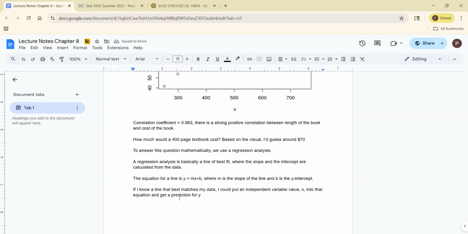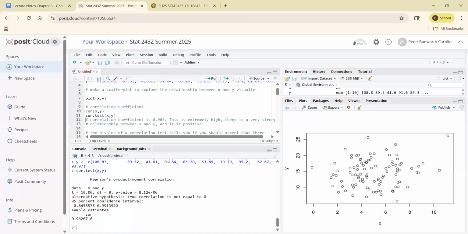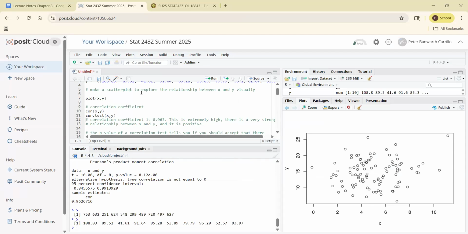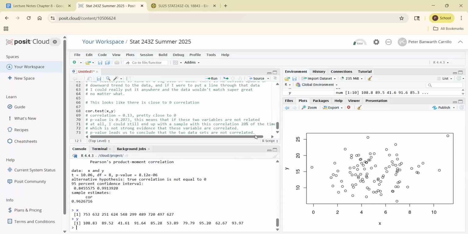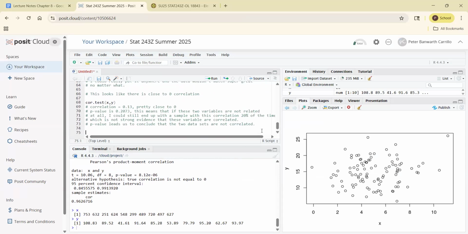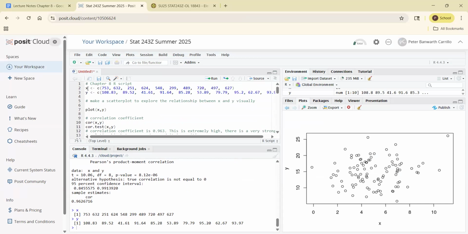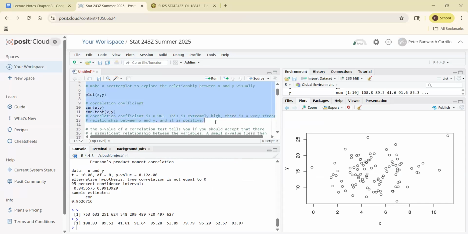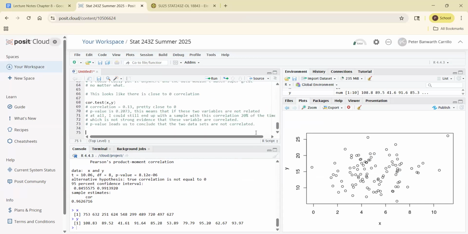The actual process for doing this is very straightforward in R. So using R to find out the slope and intercept of this line of best fit. Okay. So here we have our data. Let's look at it again. There's X and Y. And let me go back and copy all this down here.